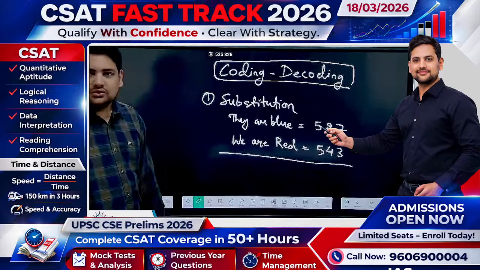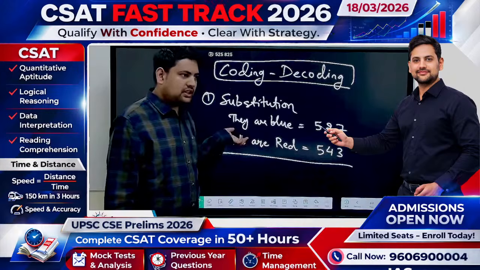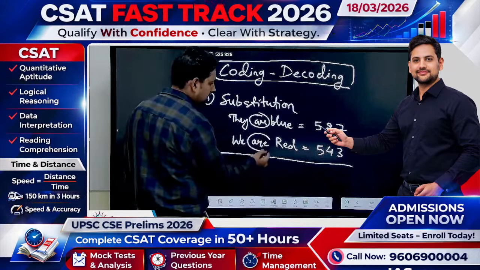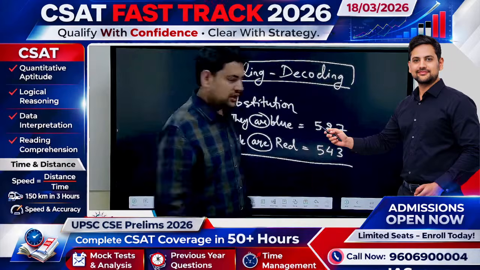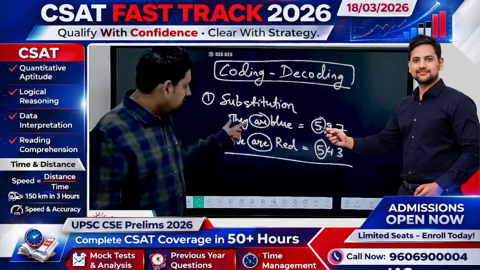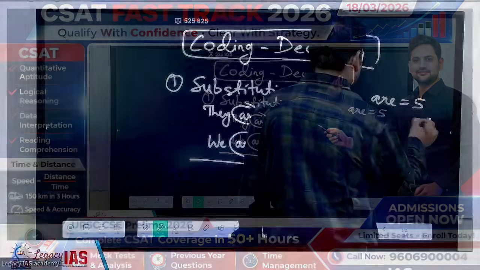What we need to do in this is basic substitution. You need to find the common term. Can you see R is common here? Now find what is common in the codes. So 5 is common. From this, you could understand that R in this code is written as 5.